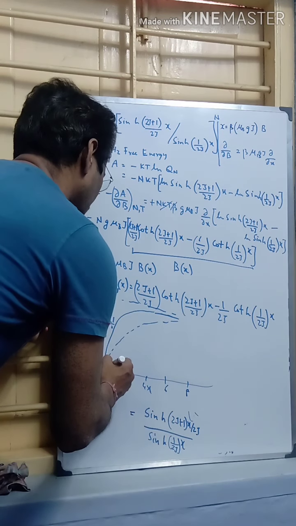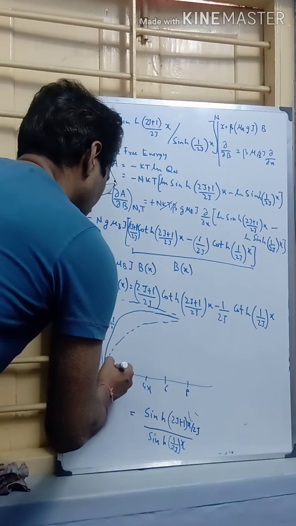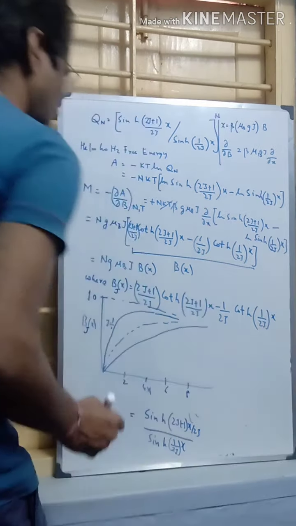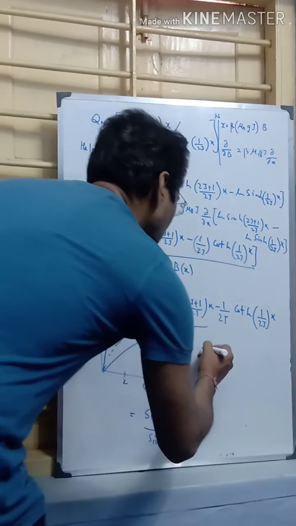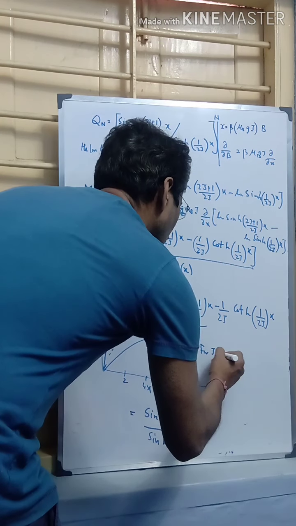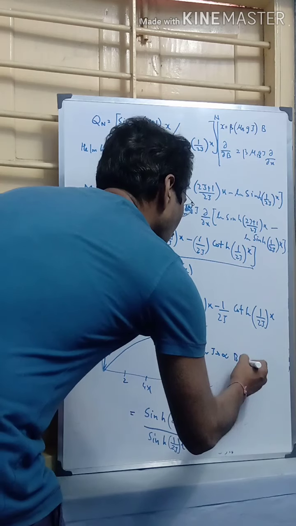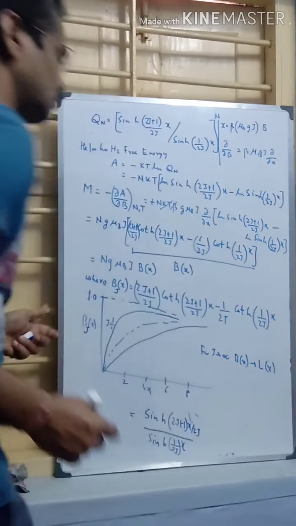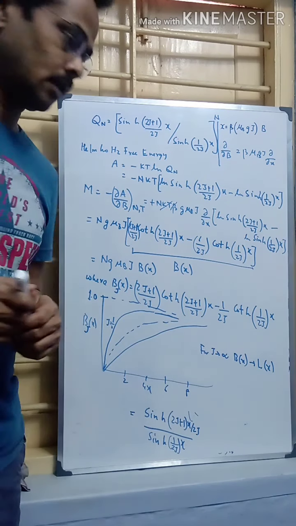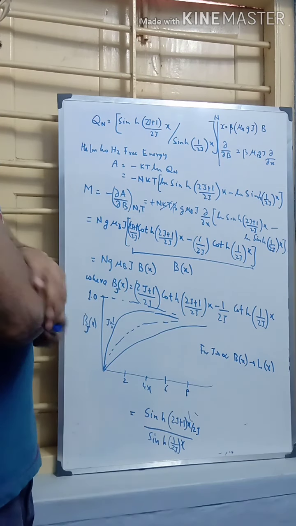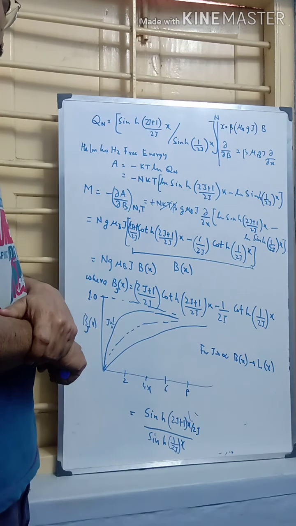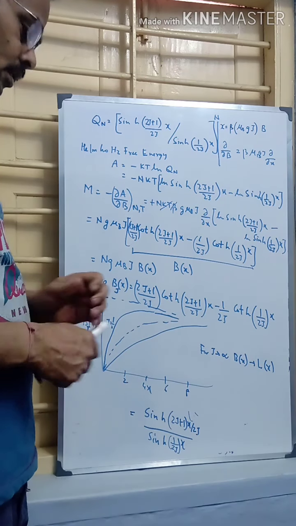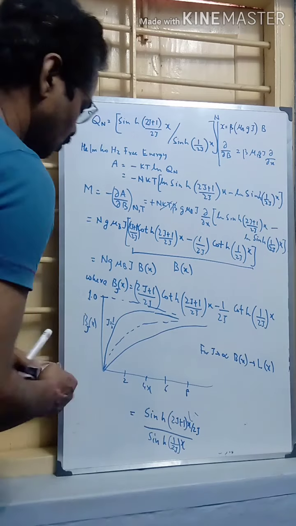For j equal to 10,000 it goes like this. And for j tending to infinity, the Brillouin function actually converges to the Langevin function.